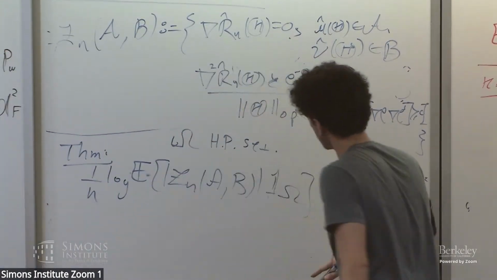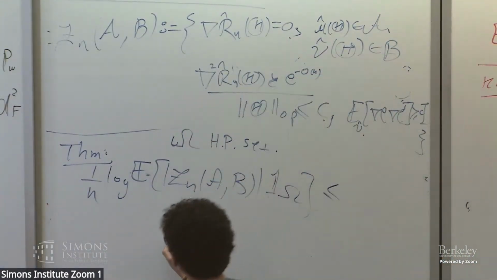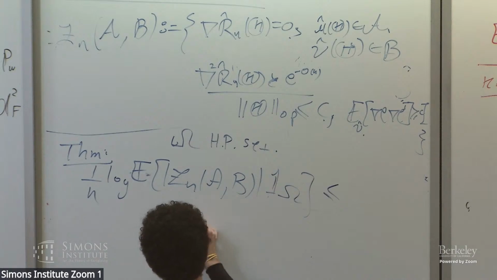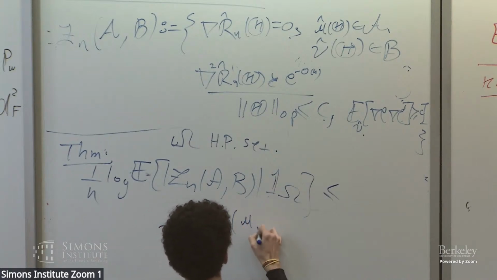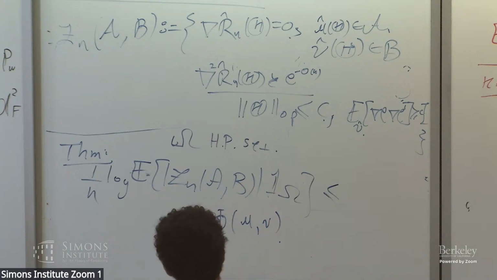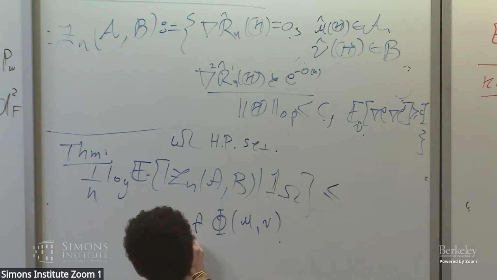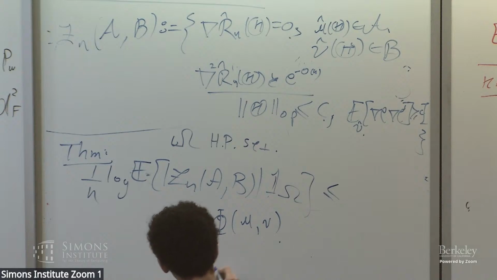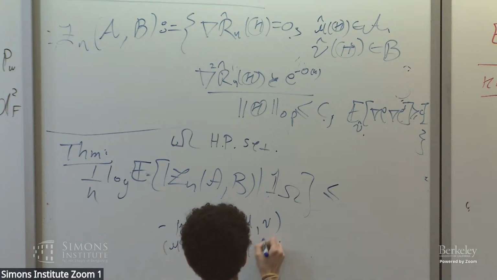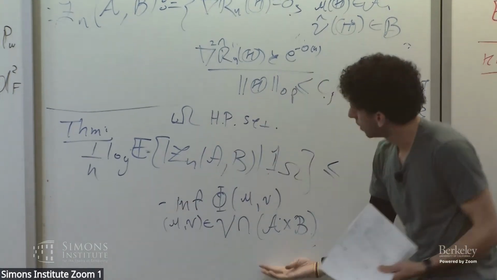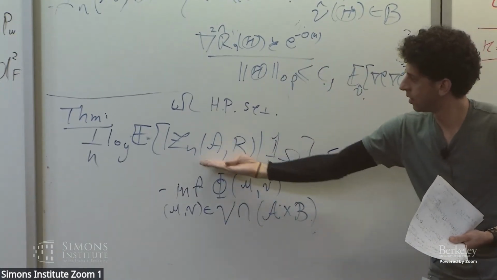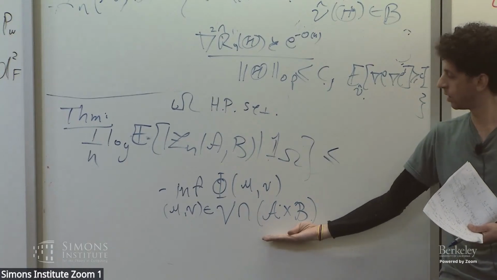The theorem states that this quantity is less than or equal to negative inf over mu, nu, where mu, nu are in some set B intersect A times B. These are the A and B that we started with, that we're going to use to localize our minima.